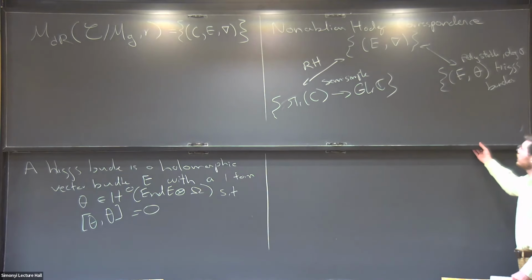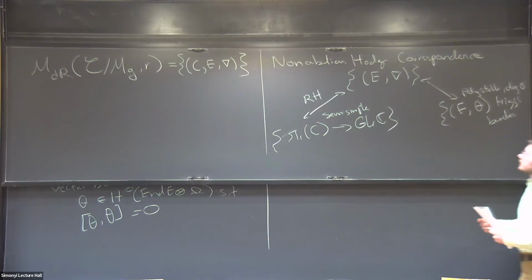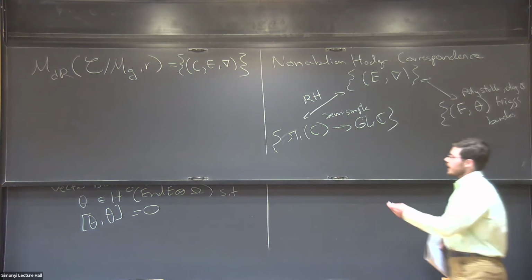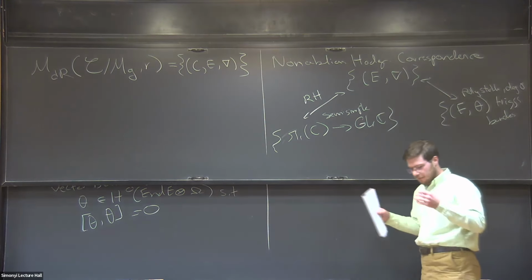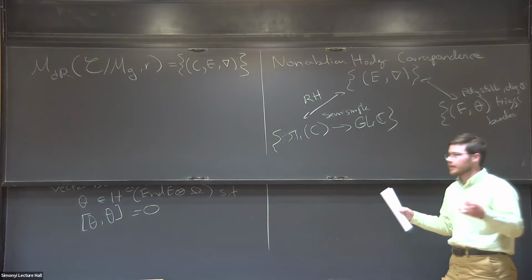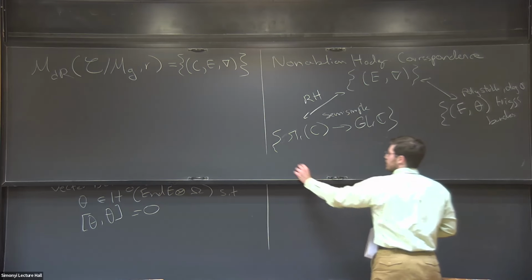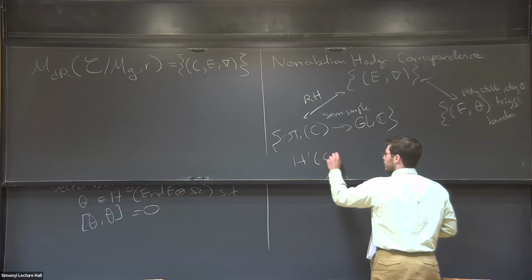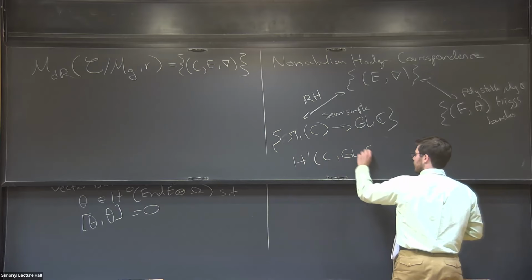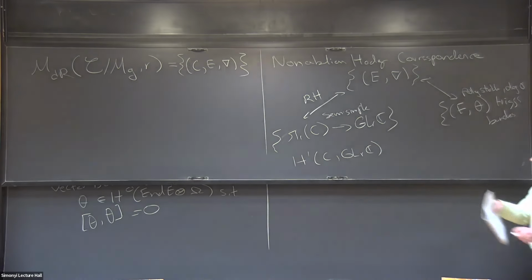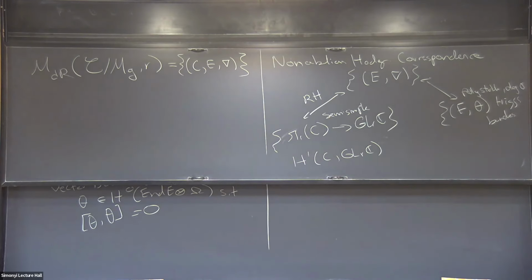So one way to think about the non-abelian Hodge correspondence is by analogy with one of the first definitions of cohomology that you might learn: you should view this object as kind of being like an H^1 of your object with coefficients in GL_n, with non-abelian coefficients.